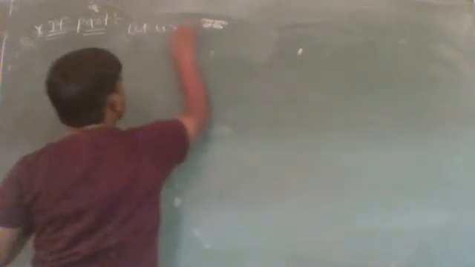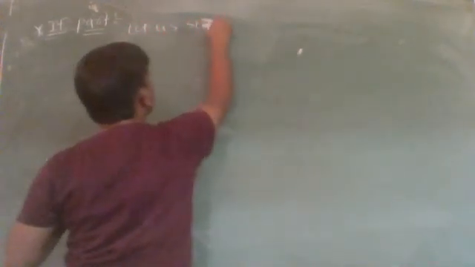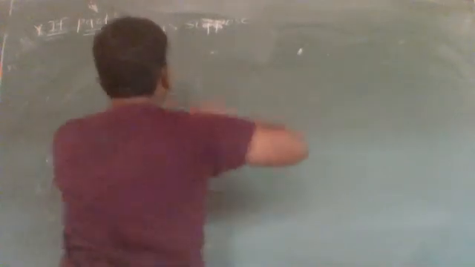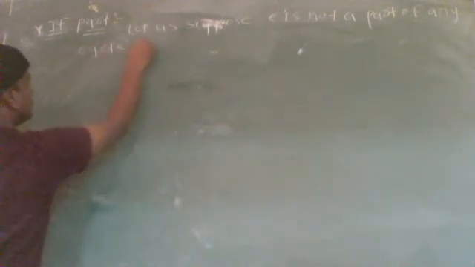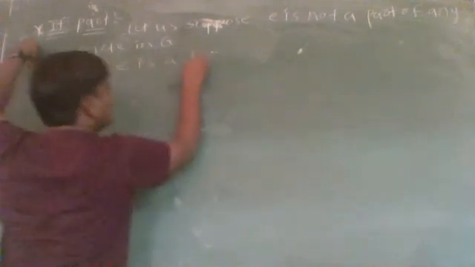Let us assume that E is not a part of any cycle in G, and we have to prove that E is a bridge.